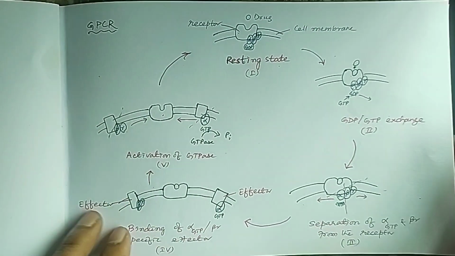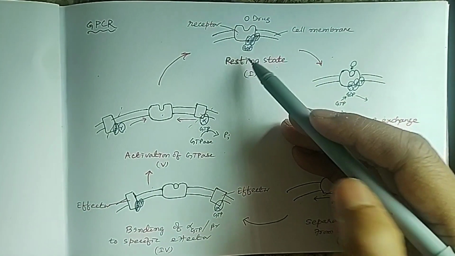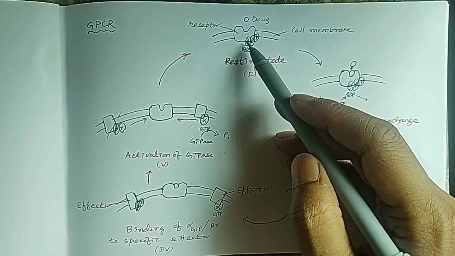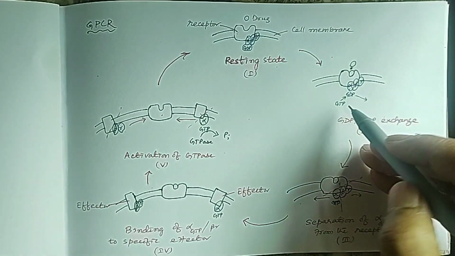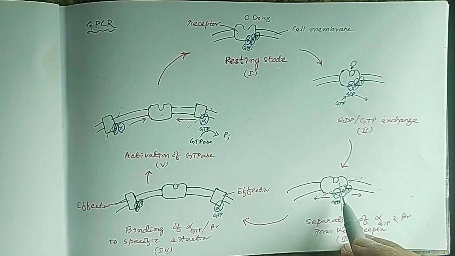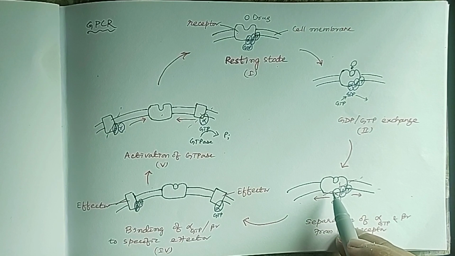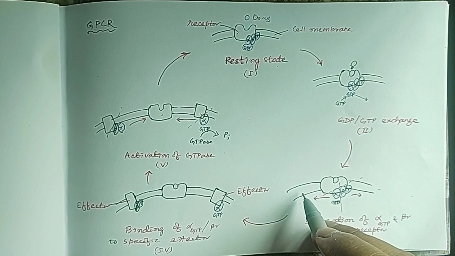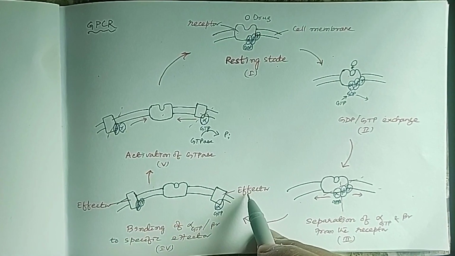So let us see. When there is no drug, agonist or ligand binding, the receptor is in the resting state in which alpha is bound to GDP. When the ligand binds to the receptor, GDP-GTP exchange occurs, and alpha GTP gets separated from beta gamma and the receptor. Because it is freely diffusible on the cell membrane, it moves to its specific target or effector.